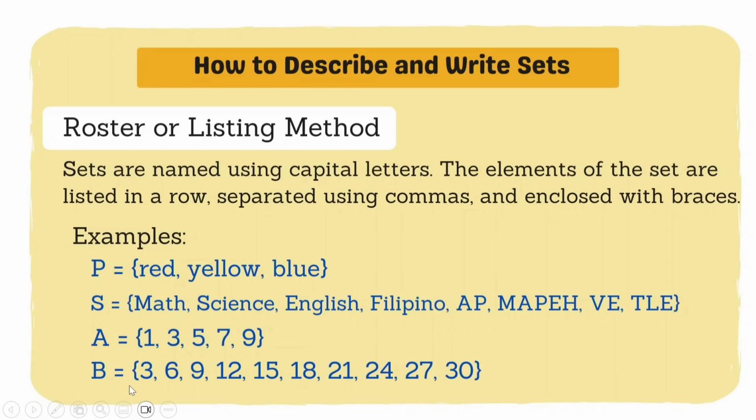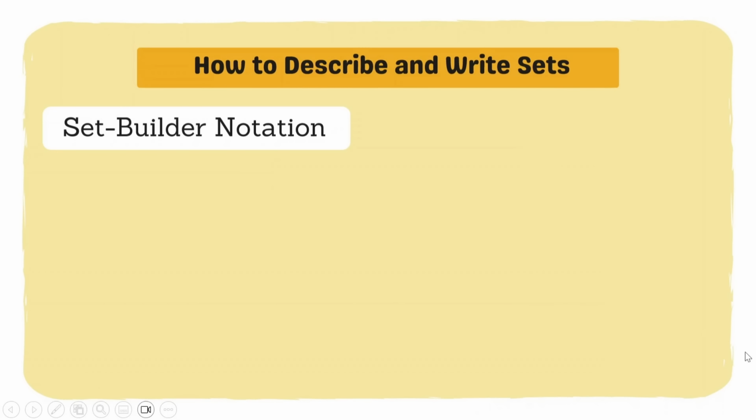Another example here is we have set B with these elements 3, 6, 9, 12, 15, 18, 21, 24, 27 up to 30. These are the multiples of 3 from 3 to 30. Okay, so ito po yung mga elements niya na list down na. Okay, yun po yung pinagkaiba ng listing method sa description method or verbal description method.